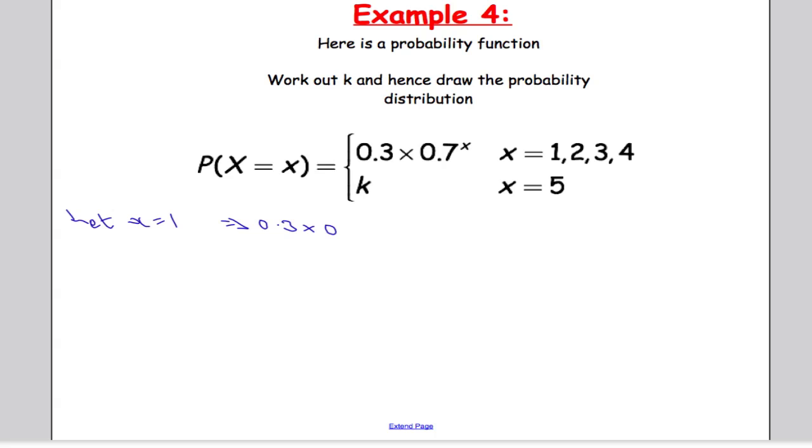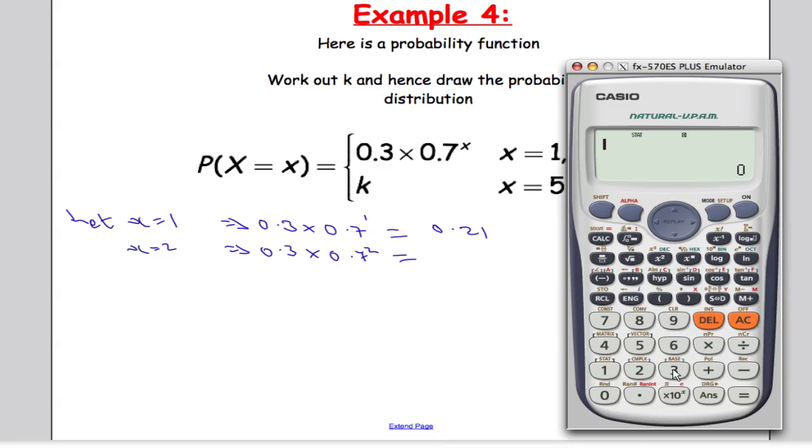0.3 times 0.7 to the power 1. And 0.3 by 0.7 is 0.21. Okay, when x equals 2, I have to do 0.3 times 0.7 squared.